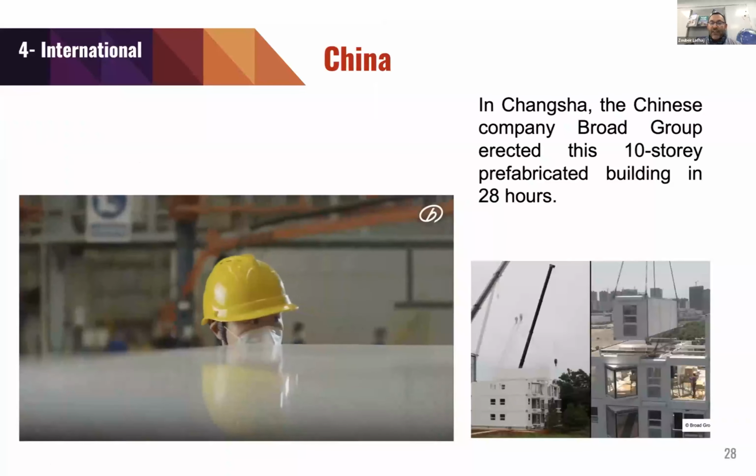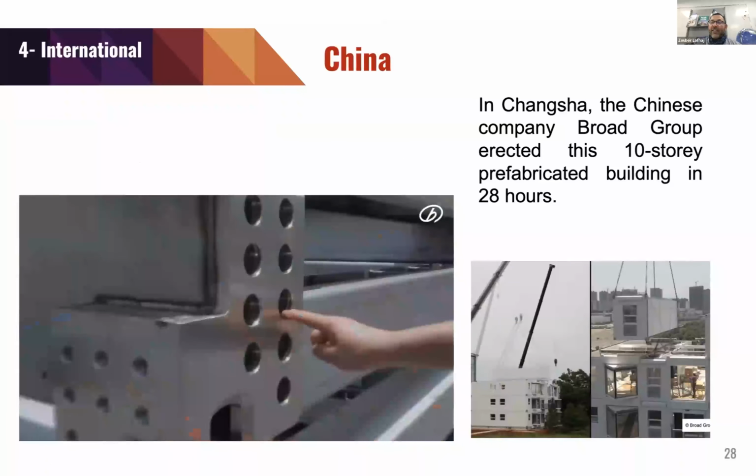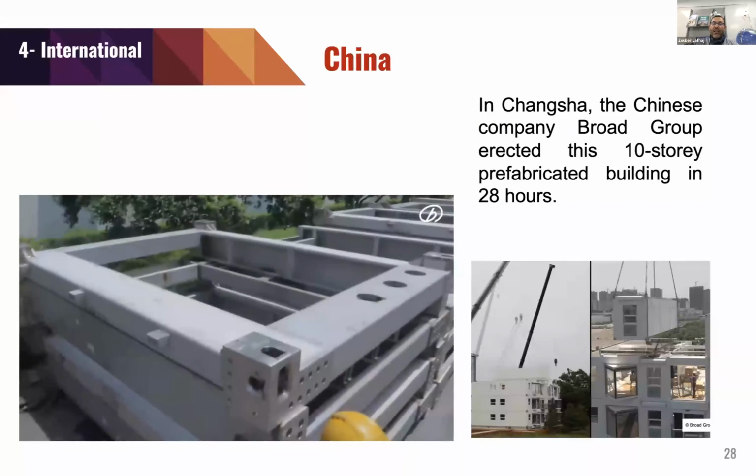Let's see the example of China. In Changsha, the Chinese company Broad Group erected this 10-story prefabricated building in 28 hours.